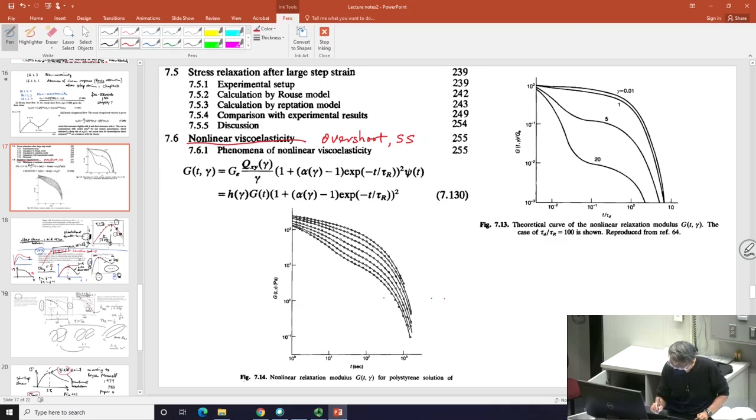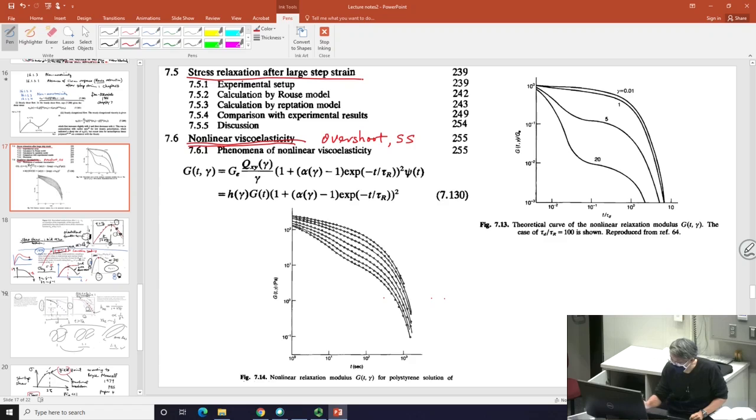They group all that under the title of nonlinear viscoelasticity. Yet they talk about the stress relaxation separately. They single that out. And I will go through these two parts with you.